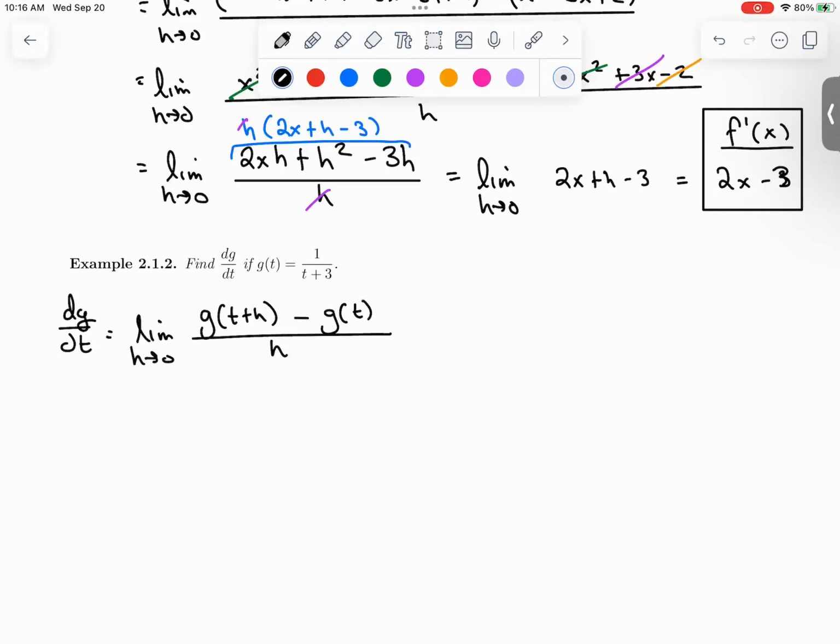So on the side, I'm going to find g of t plus h. That's plugging in the value t plus h into the function. So that's going to be 1 over t plus h plus 3, or rewriting it without the parentheses. Though if you wanted to just go straight to what I have written there, that's okay.